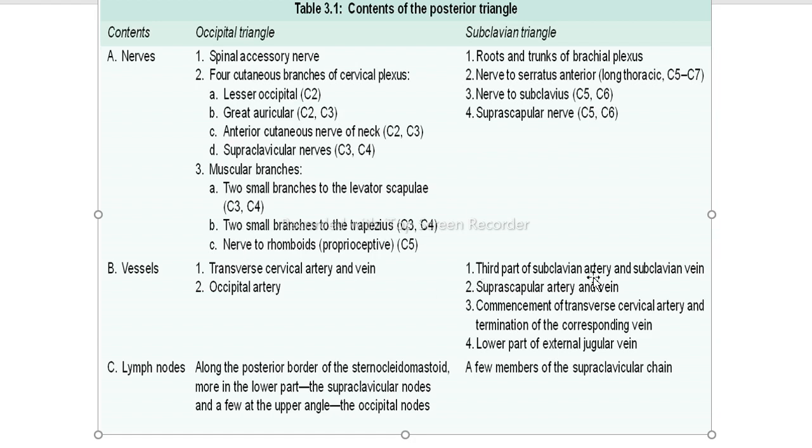And the vessels are the subclavian artery and subclavian vein, especially the third part of the subclavian artery and vein, the suprascapular artery and vein, the commencement of the transverse cervical artery and termination of the corresponding vein, and the lower part of the external jugular vein that pierces the deep fascia and drains into the subclavian vein, and the supraclavicular lymph nodes.